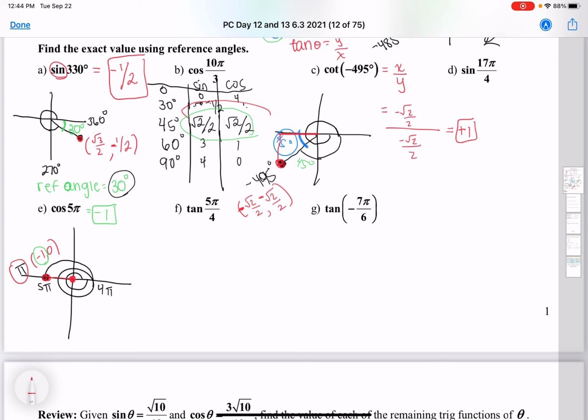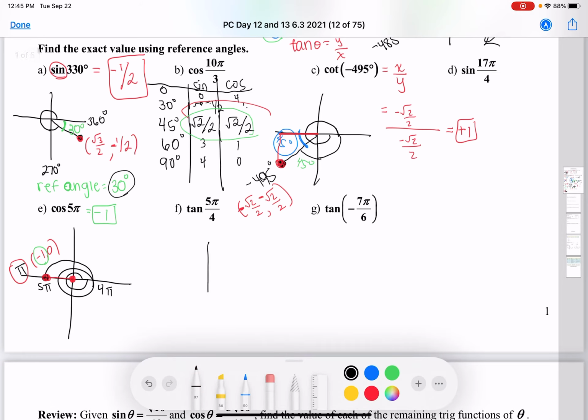All right, let's go ahead and do part F. So I see 5 pi over 4. So again, I'm going to draw my x and y axis. I know that over 4, well, that was when I went for a radian measure, I went in increments of every pi over 4 during class.